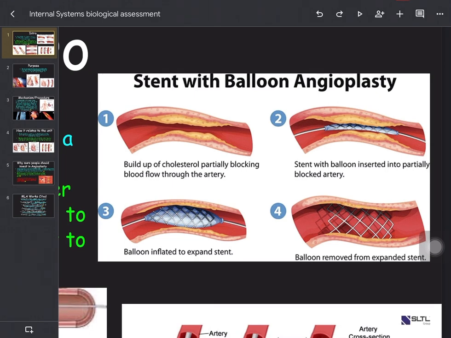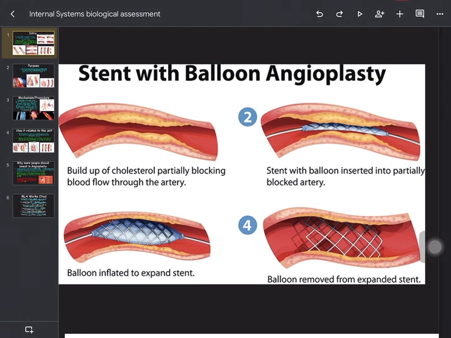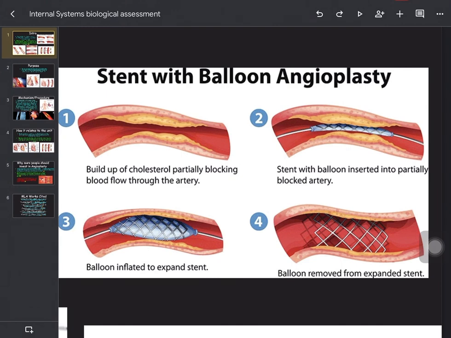The deflated catheter is then withdrawn, leaving the expanded stent behind to open the artery permanently. As you can see in this picture, after the needle and balloon has placed itself on the side of the blockage, it expands one time, and then the balloon and the needle is withdrawn, and the wire mesh is left inside the artery permanently.